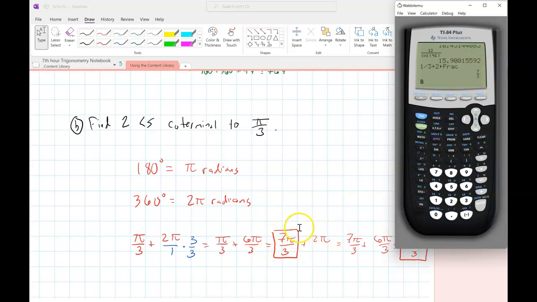If I just tack the pi back onto that fraction, there's my first answer. So the calculator can still give you the exact answer, but you have to remember to take the pi's off and then put them back when you're done. Do you guys kind of see what I'm saying there?